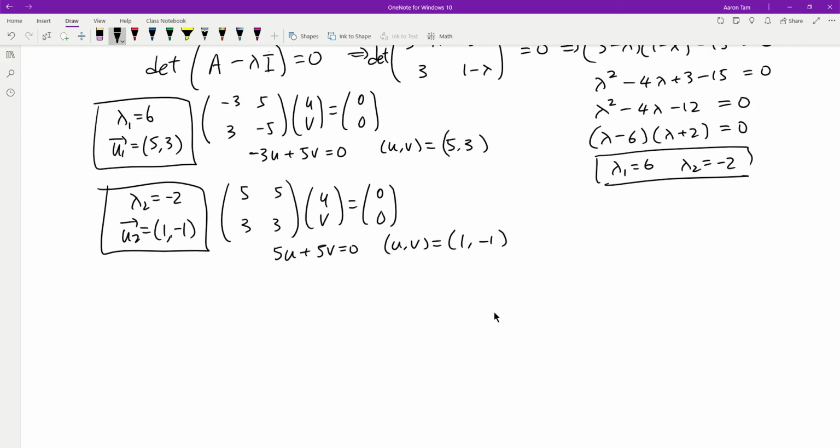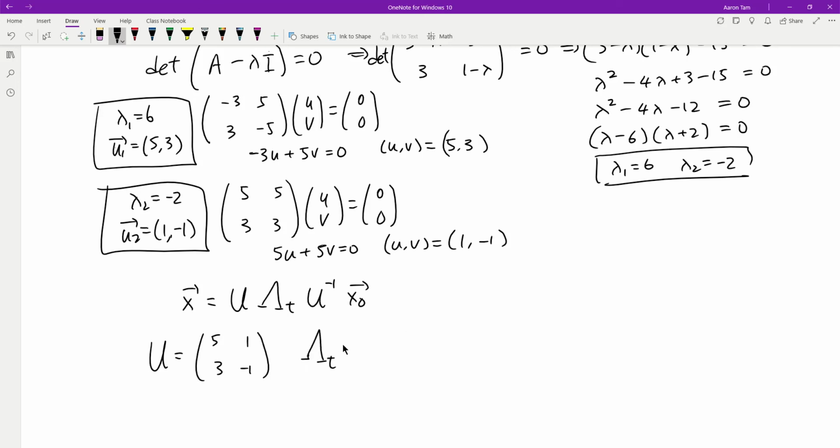Now we're ready to actually solve for our solution. All I have to do is simply multiply some matrices together. So the formula is this. Let's see if we have everything. Our matrix U is 5, 3, 1, negative 1. Our lambda sub t is equal to e to the 6t, 0, 0, e to negative 2t.